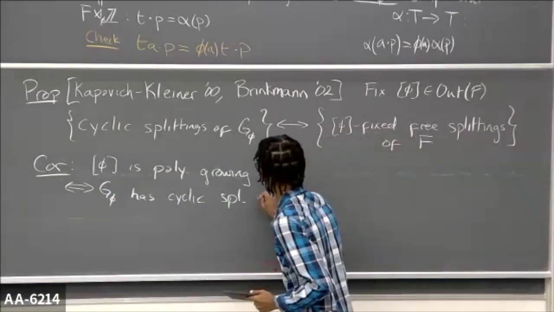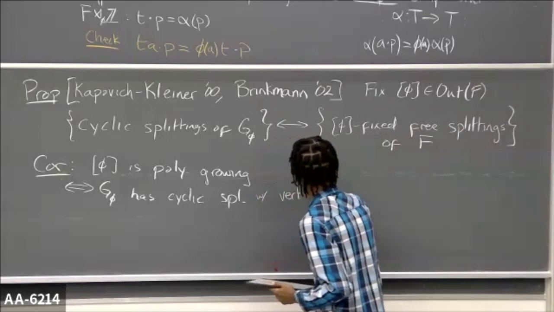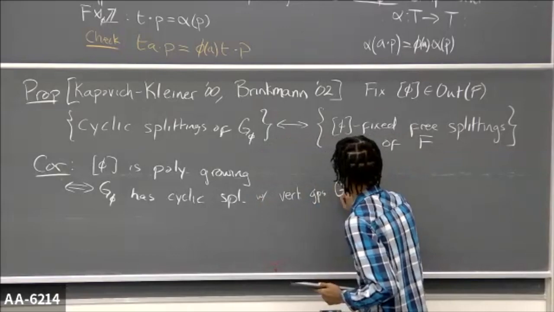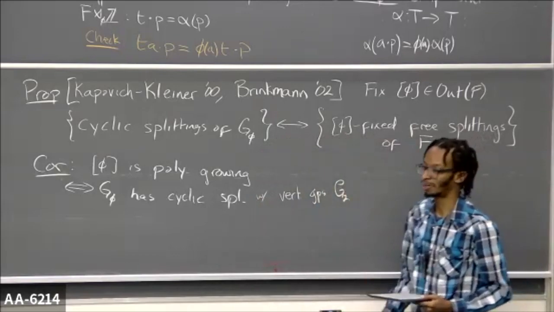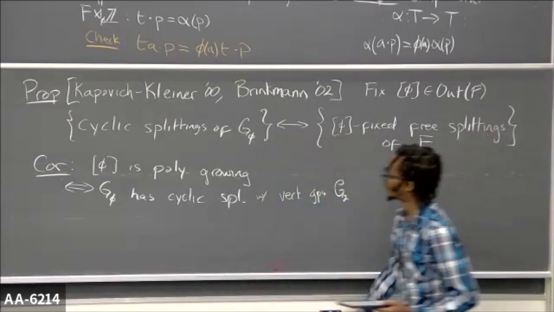With vertex groups G2. So now maybe it's not just one orbit of vertices, but you might have several orbits, who cares?